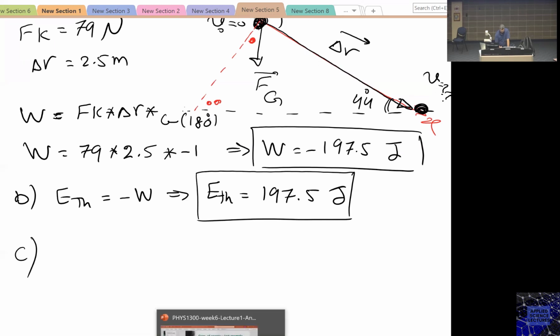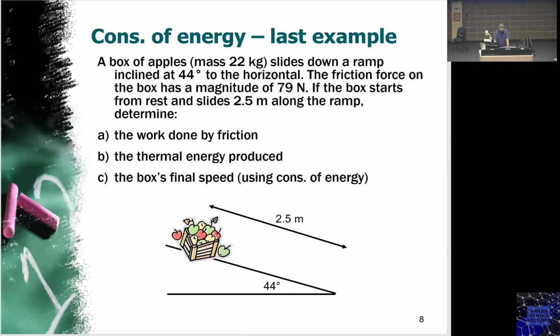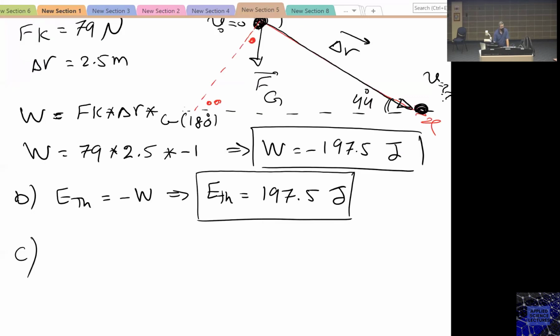C, the box's final speed. Use conservation of energy. We need to calculate the box's final speed. So how do we do this? Using the conservation of energy. Now, the system is not a lossless system. The system is a lossy system. There are losses that I have to account for when it comes to the conservation of energy.